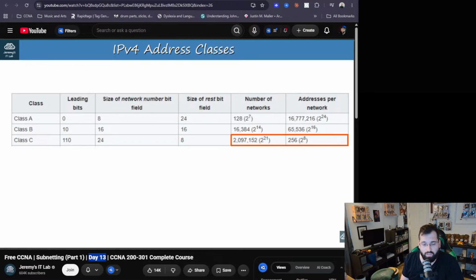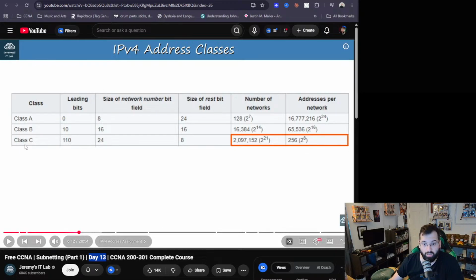Or if you think about any type of corporation, a device of any kind is always going to have an IP address. So as you can see, we burned through these pretty quickly. Not to mention that Class C was supposed to be for like normal folk, right?